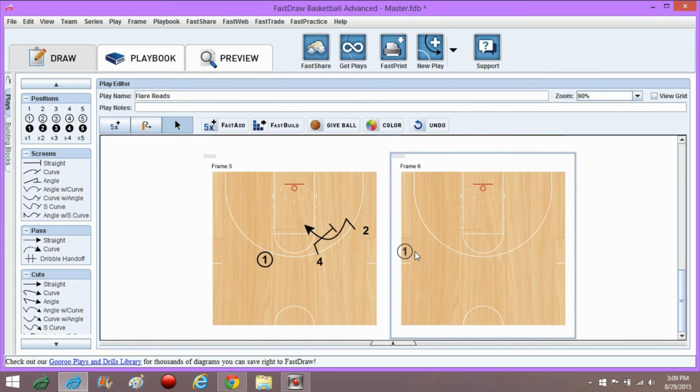Additionally, this can happen. Perhaps 1 has the ball here, 4 comes to set the flare screen on 2, and we get a really nice cut, let's say by 2.